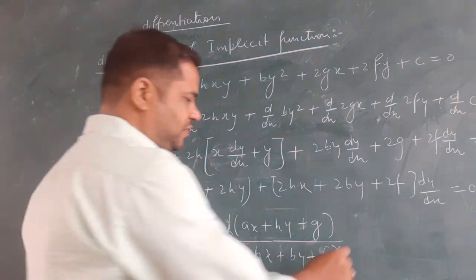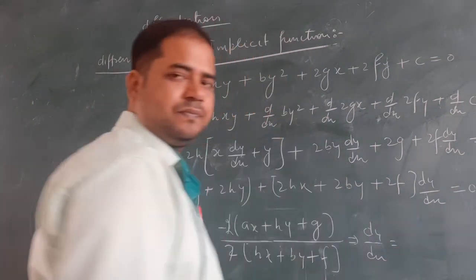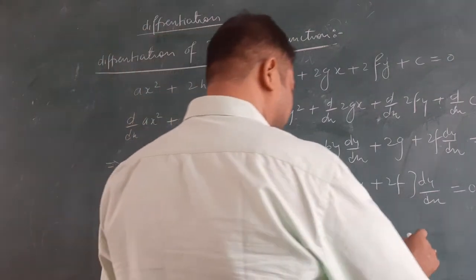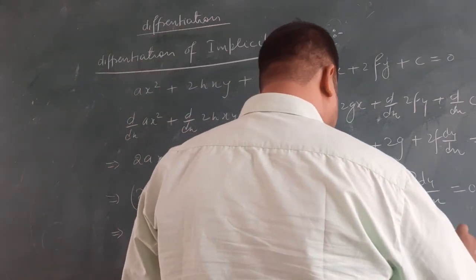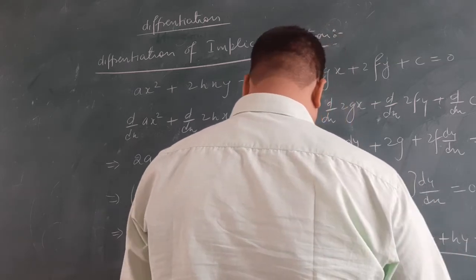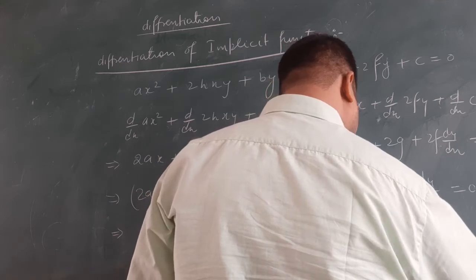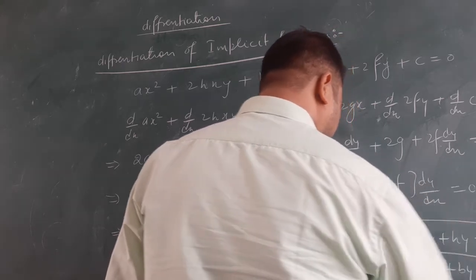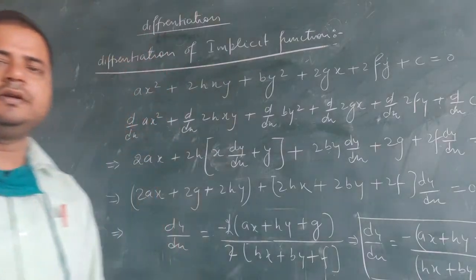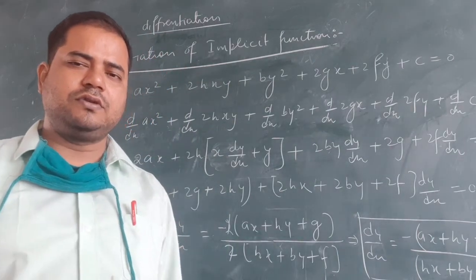So what is the value of dy by dx? Dy by dx is nothing but minus (ax plus hy plus g) divided by (hx plus by plus f). This is the value of dy by dx. Is that clear? Okay, so note it down.